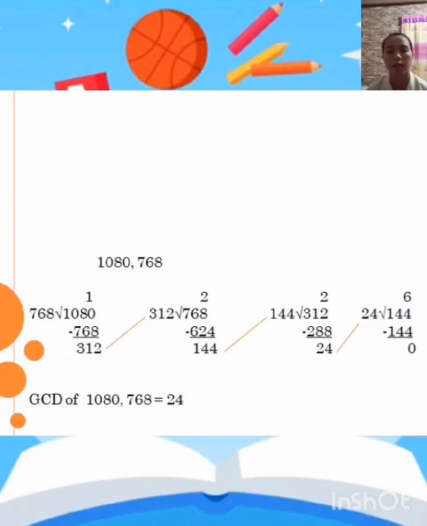Then the quotient is 6. The product of 6 and 24, we subtract from the dividend 144. So the remainder is 0. So the greatest common divisor of 1080 and 768 is the last non-zero remainder, which is 24.